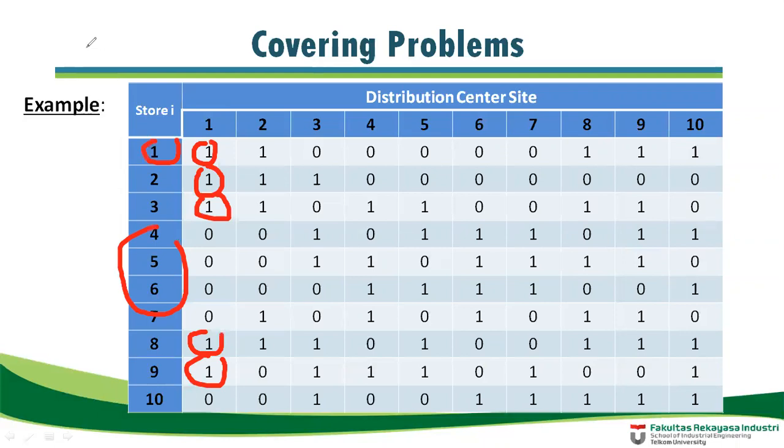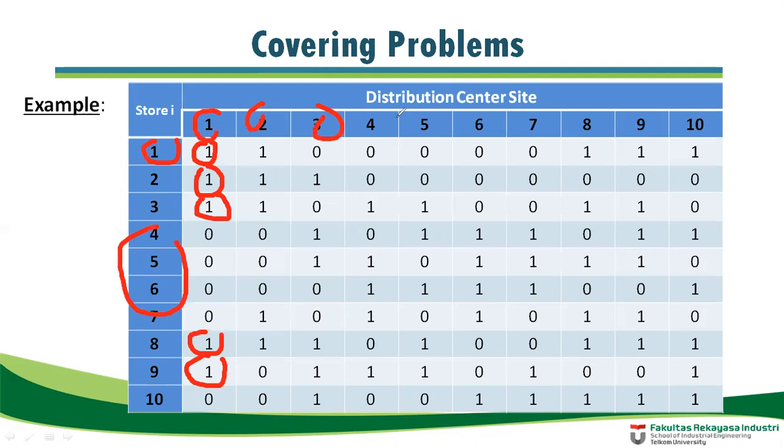So let's take a look at another DC. By using this information, we can see that another DC will cover the remaining stores that have not been served. So by using the covering problems, I can produce a solution where we only build several DCs instead of building all the DCs. Building 10 DCs at the same time is very costly and very expensive.